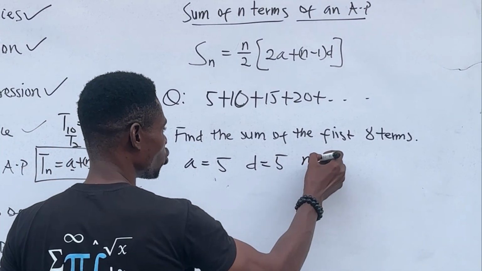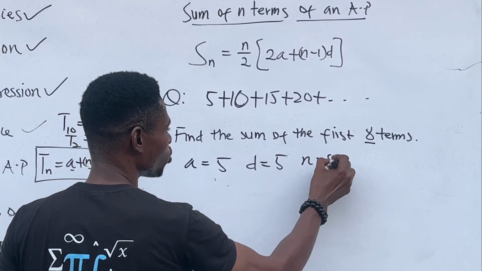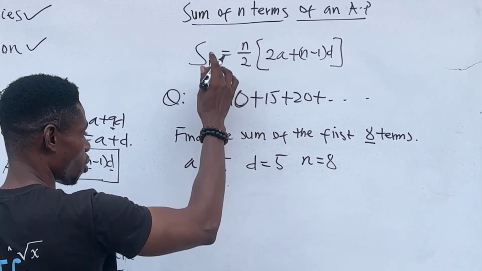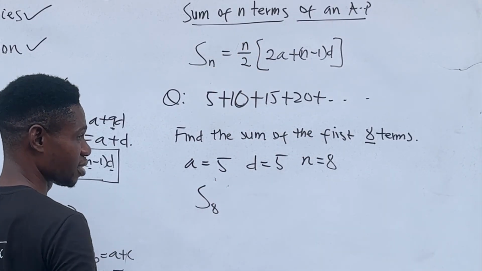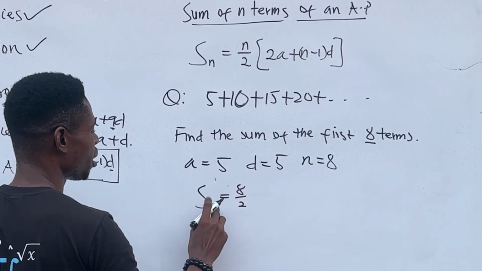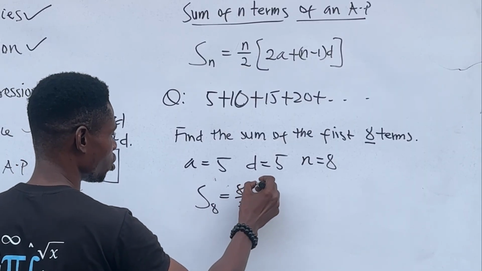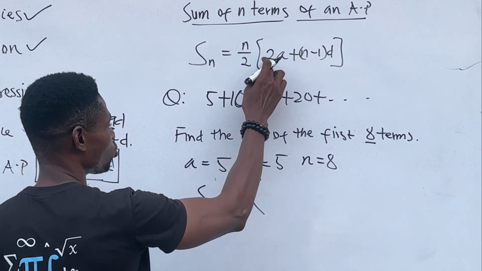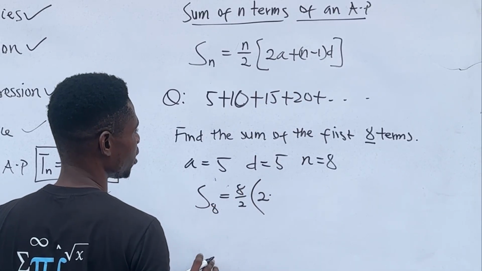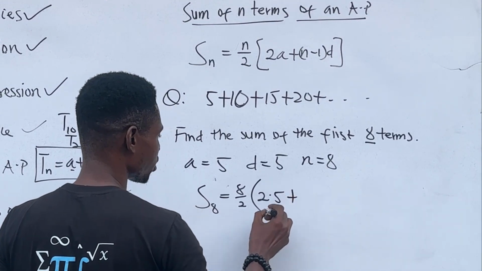Now our N will be what? Since we're looking for the sum of the first 8 terms, our N is going to be 8. If we bring this to the formula, S8, the sum of the first 8 terms, will be 8 over 2, that's N over 2, into 2 multiplied by A, and our A is 5, plus N minus 1.